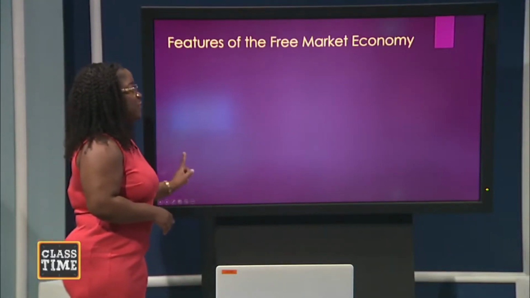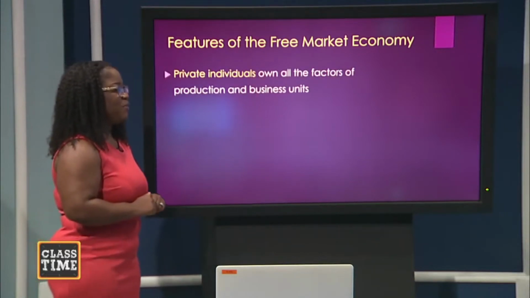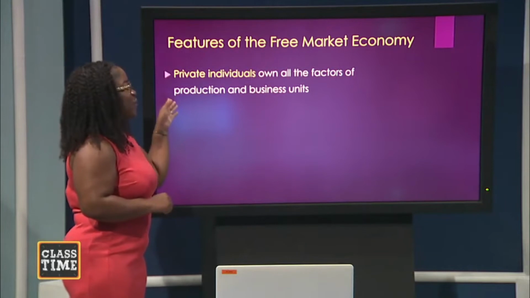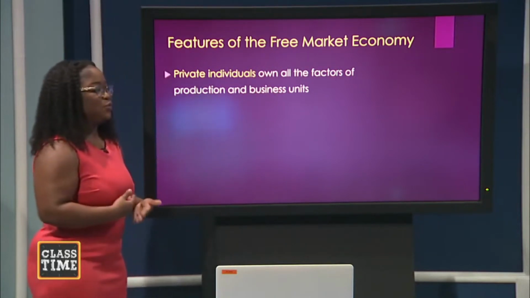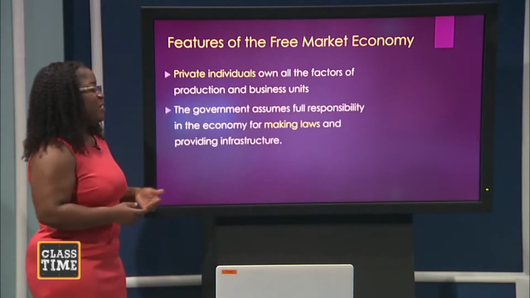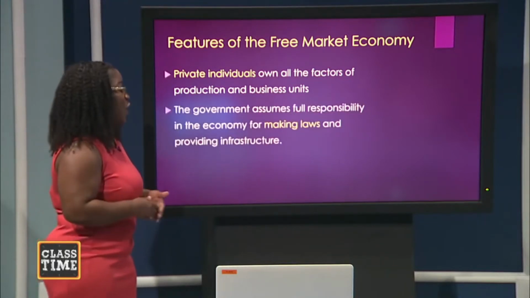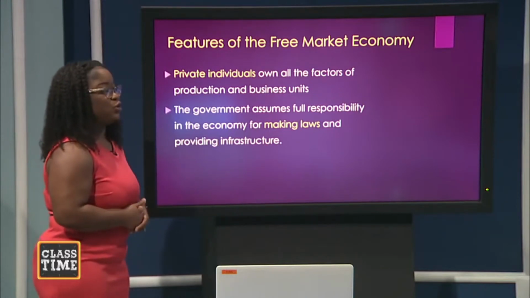Now, the features of the free market economy, let's look at a few of them. I've mentioned some of them already. We say that private individuals own all the factors of production and business units within a free market economy. The government assumes the responsibility of making laws within this structure and providing infrastructure.